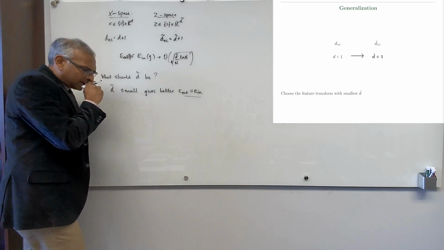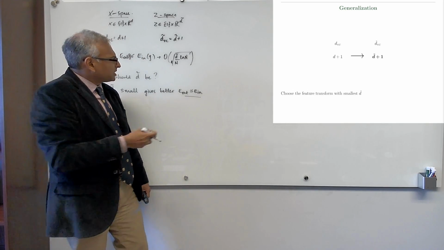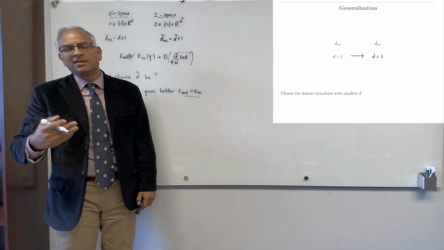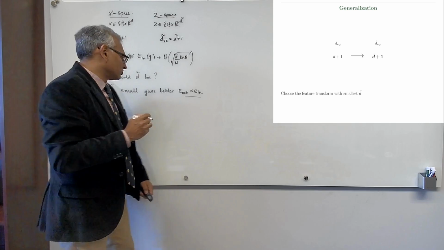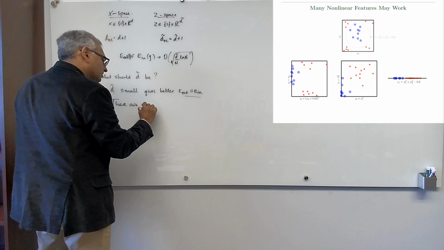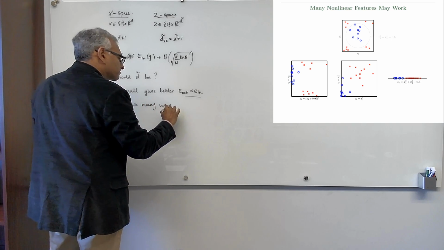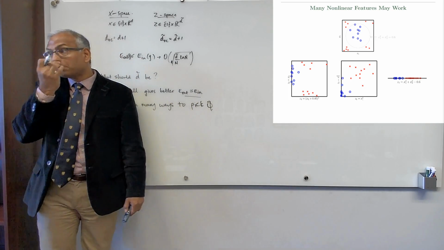And this leads us to the issue that picking D tilde amounts to picking the nonlinear transform. And in general, there are many ways to pick phi.